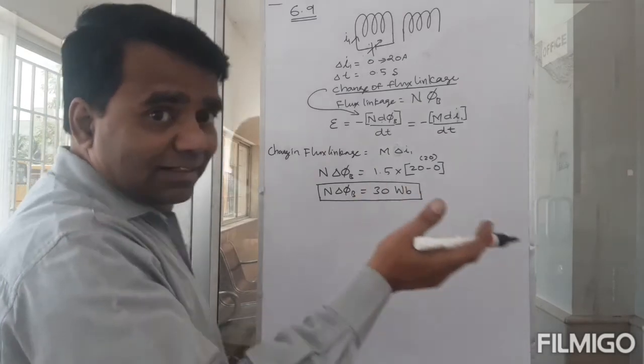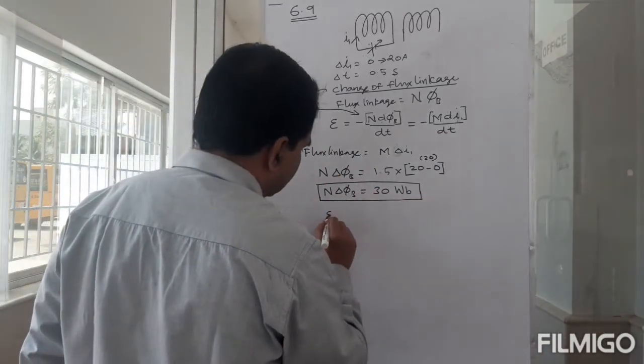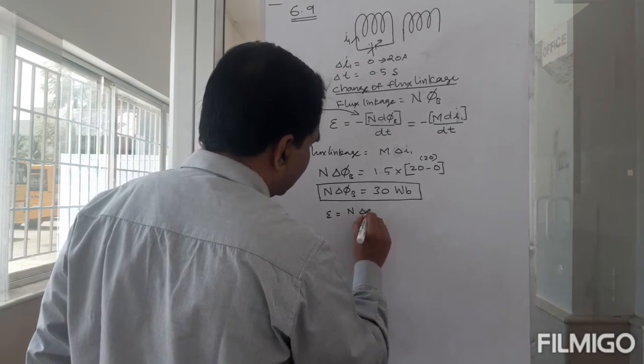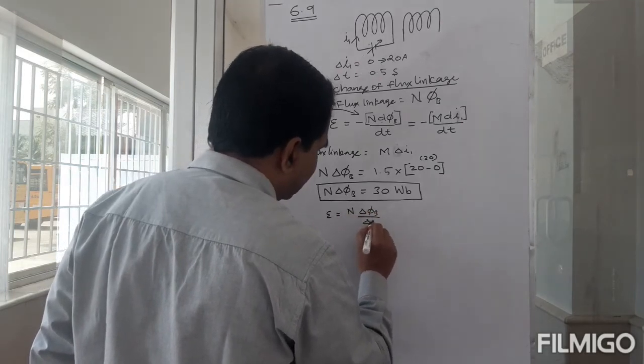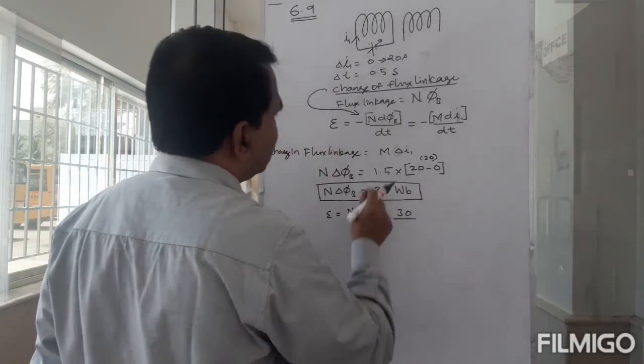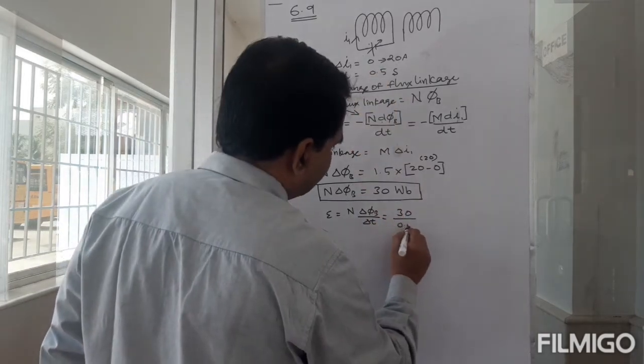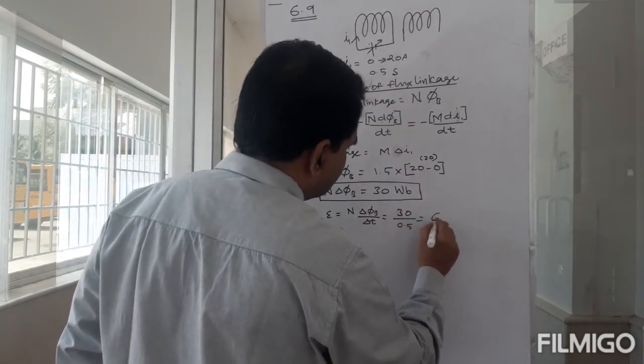Well, I can go ahead and calculate the EMF induced. That's very easy, right? So if we want to find the EMF, that's going to be equal to N delta phi b by delta t. So that is 30 by delta t, which is 0.5 seconds. So that will give me 60 volts.